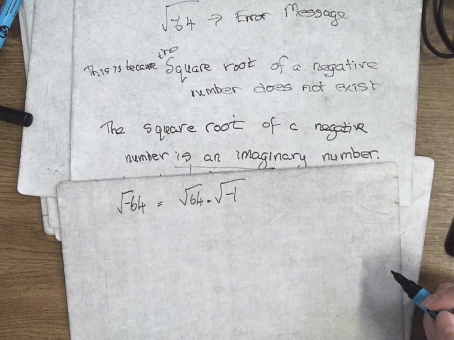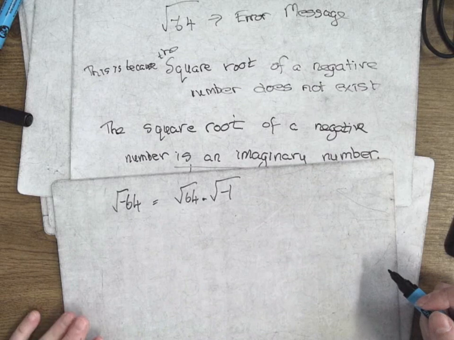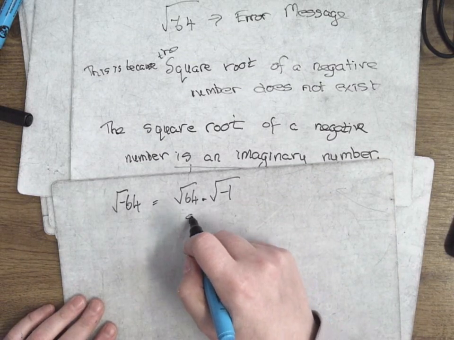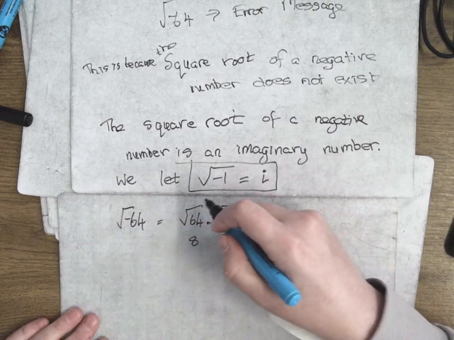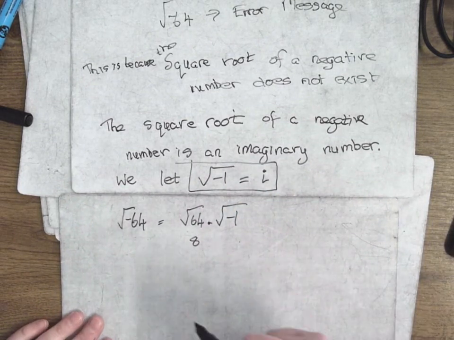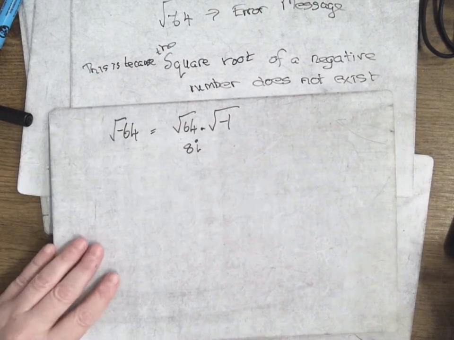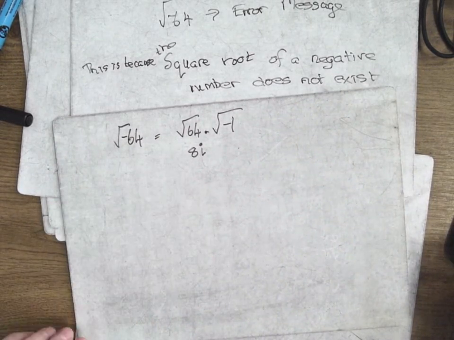We know what the square root of 64 is. What's the square root of 64? And what do I call the square root of -1? i. So we write the square root of -64 as 8i.